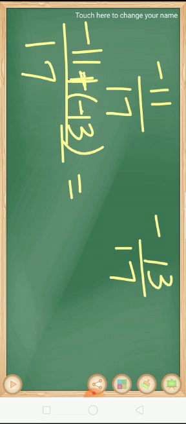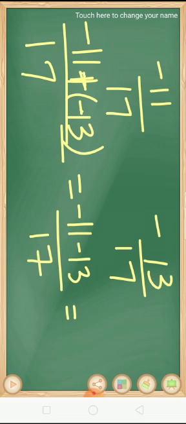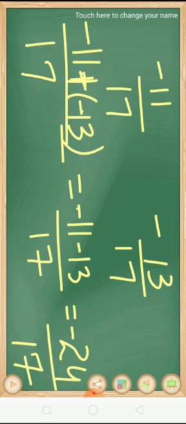Plus minus is minus, so it will be minus 11 minus 13 upon 17. Minus minus here means you have to add 11 and 13, but the sign of the answer will be negative, that is minus. So 11 plus 13 is 24, but the sign is minus, so minus 24 upon 17. This will be your answer.